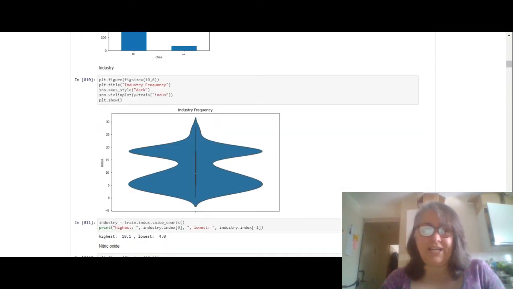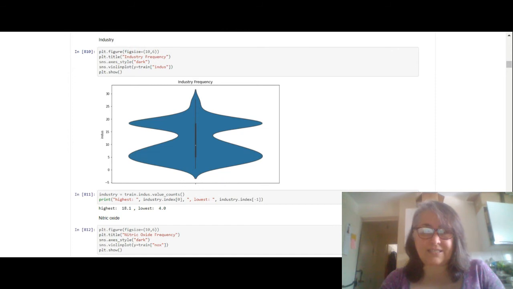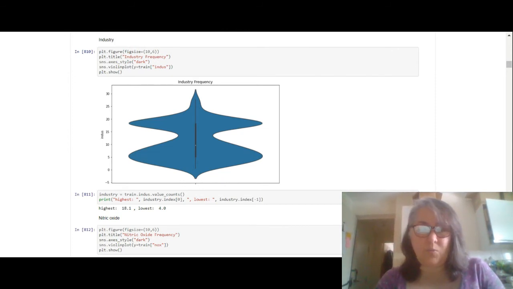And now we're going to check the industrial complex. So you can see how many houses are close to the industrial complex. So the highest value is going to be 18.1, and the lowest value is going to be 4.